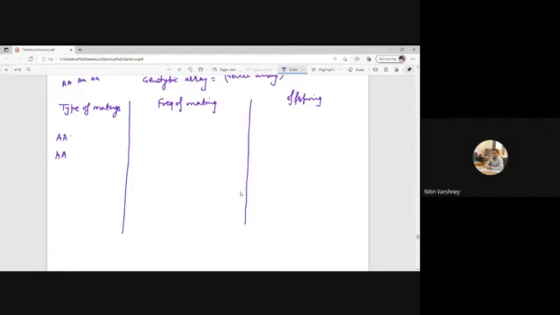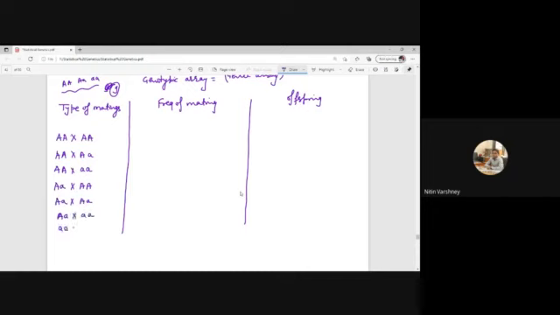So capital A can mate with capital A, can mate with capital A small a, can mate with small a small a. So there are three individuals, so there will be nine possible combinations. Again, capital A small a can mate with capital A capital A, with capital A small a, and with small a small a.